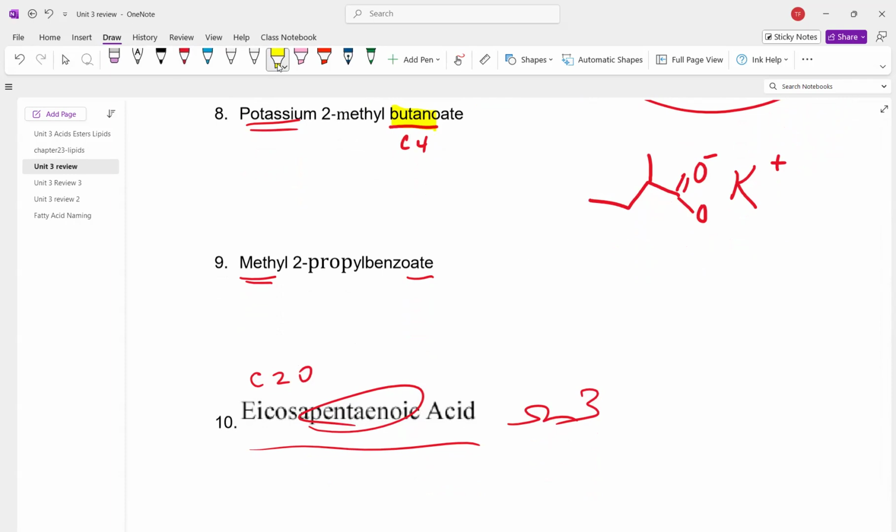So this is going to be the acid part, and this is going to be the alcohol part, with a branch on the benzoic acid at carbon number 2. So that's the acid part.